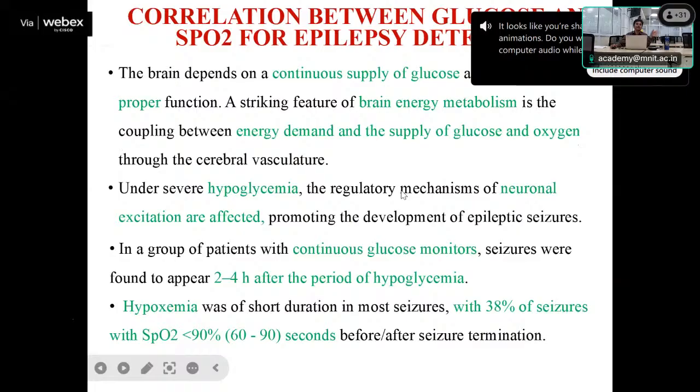That is also patented, and the patent has been granted. The glucoximeter measures the glucose as well as the SpO2, so it works as a glucometer as well as a pulse oximeter.